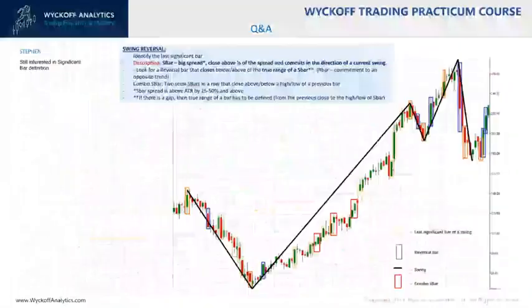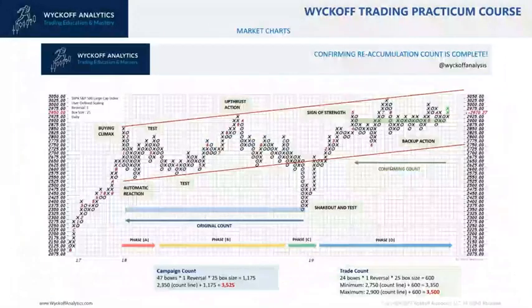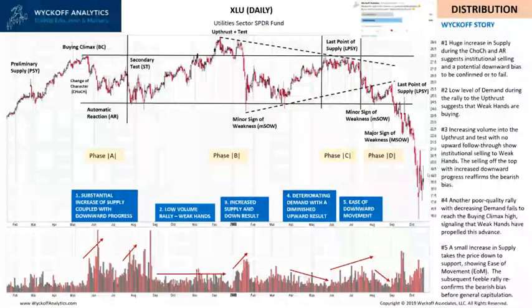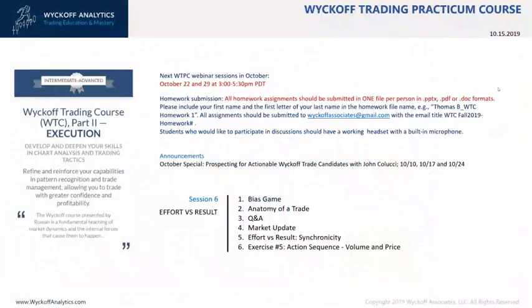All right, guys, that's it for this class. Don't forget your homework, which is the bias game. Here it is. So for next class, we're going to go through that. And obviously, I want to know what we are going to do with the anatomy of the trade. So we have to think about that.